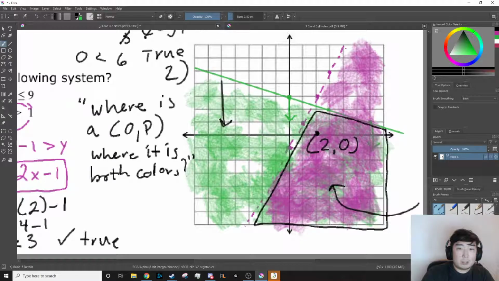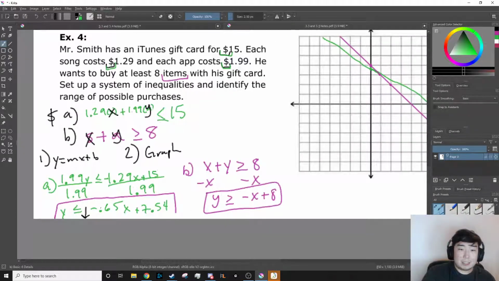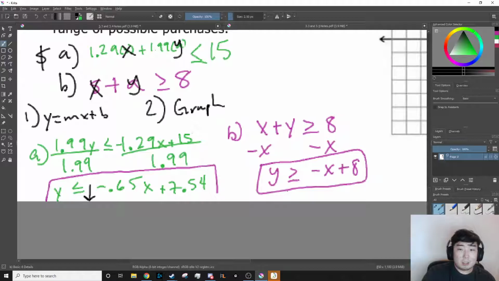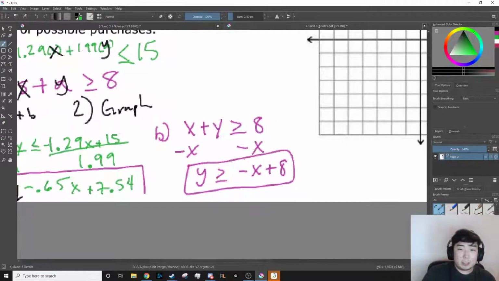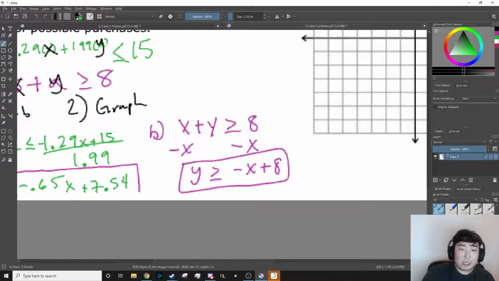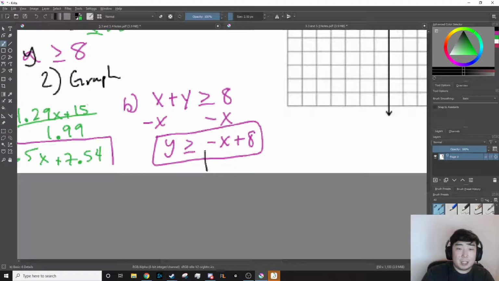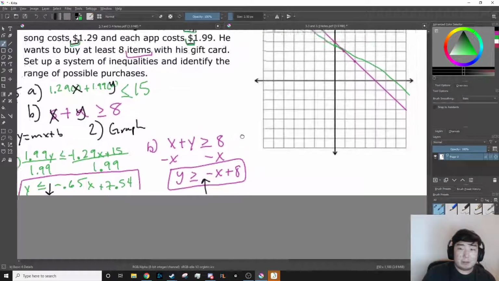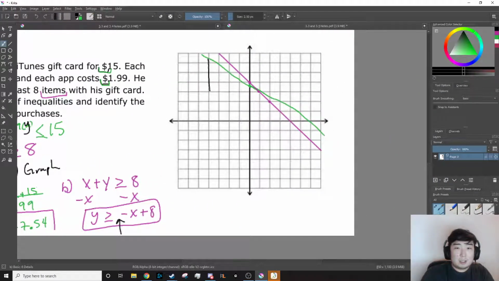We shaded downwards here, so we will shade this one downwards as well. But look at the purple inequality. The purple inequality is facing towards the y, or it's saying y is greater than or equal to, so we shade upwards from the purple graph. So let's try this. Downwards. And the purple graph goes upwards, kind of like that.